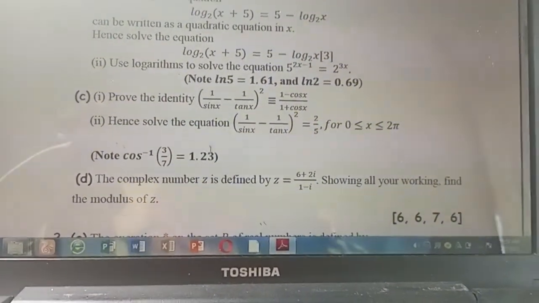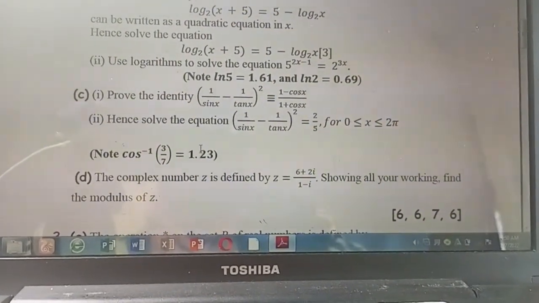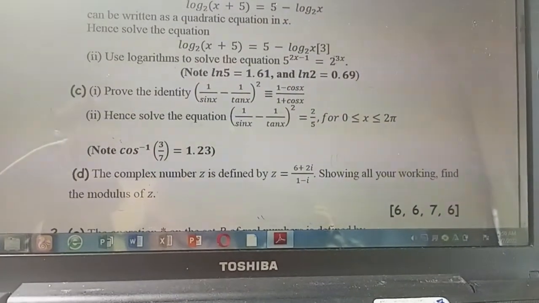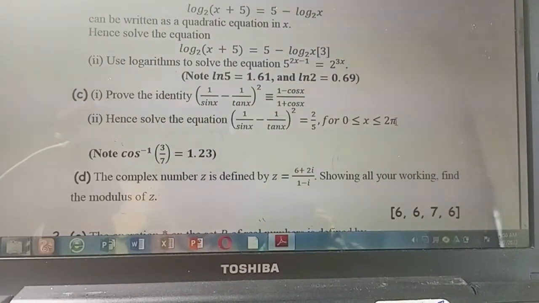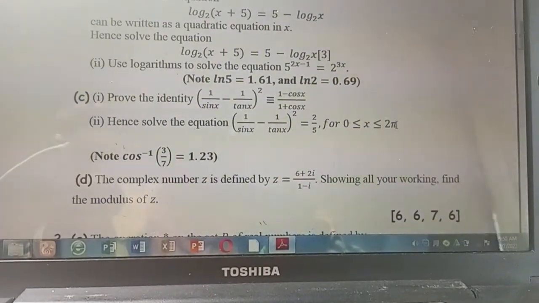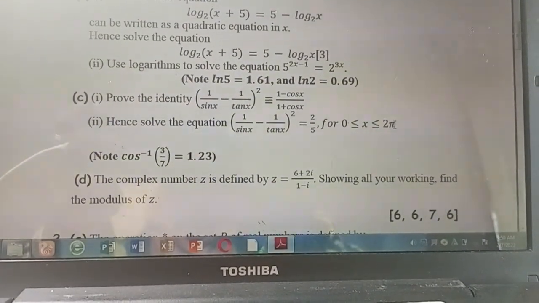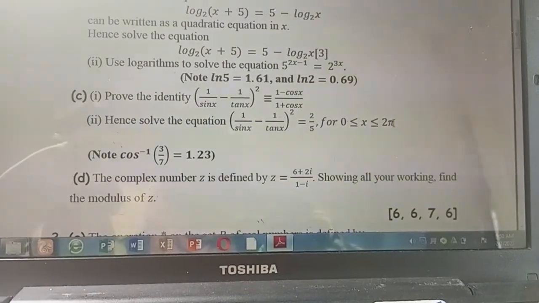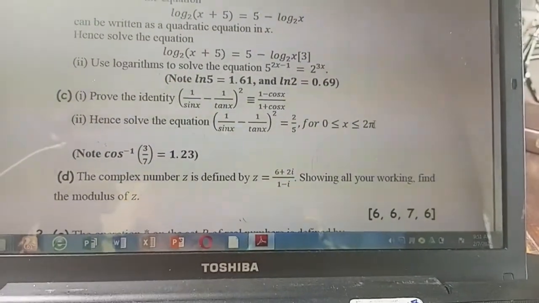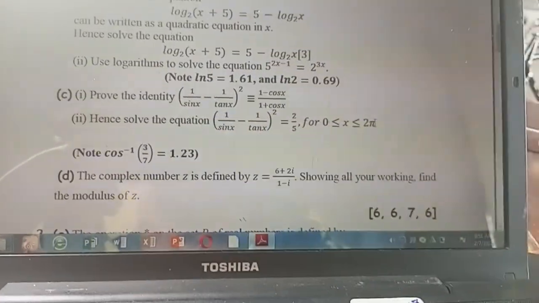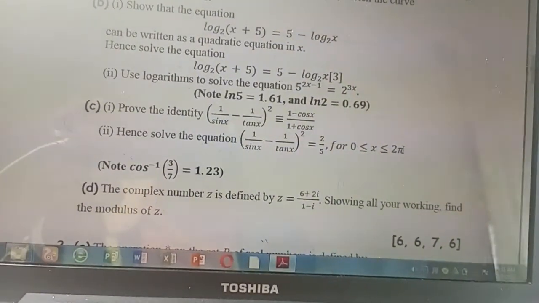In mathematics we don't use degrees Celsius, that is for physics; here we mean an angle in degrees. So 2π is the same as 360 degrees. Let's get started to look at this part.